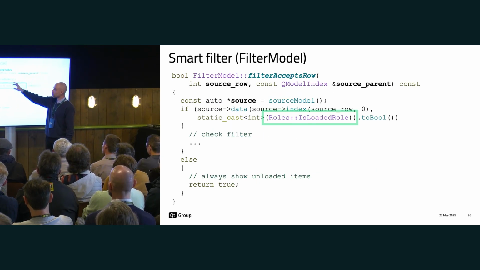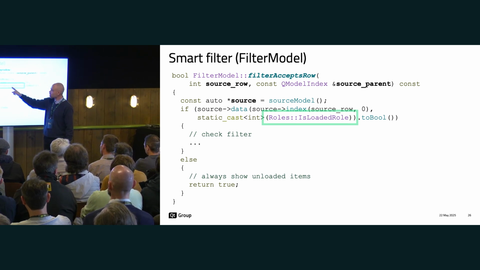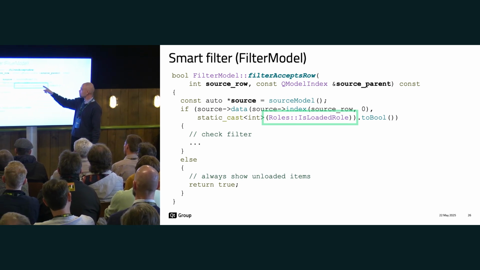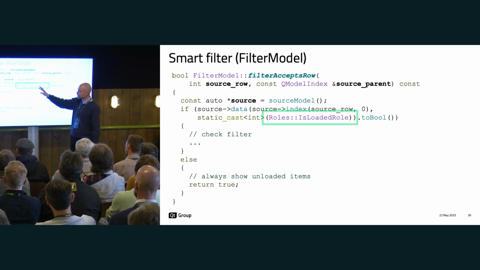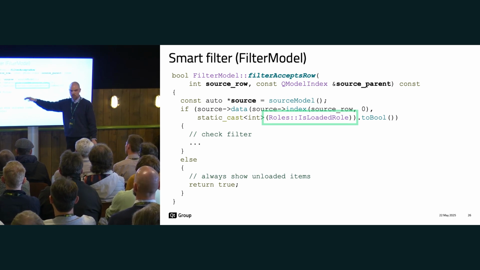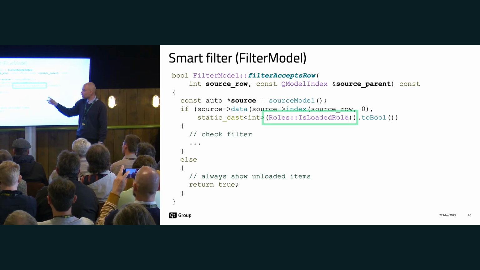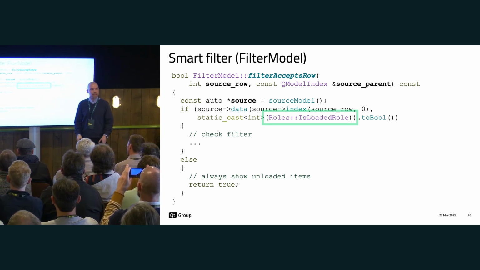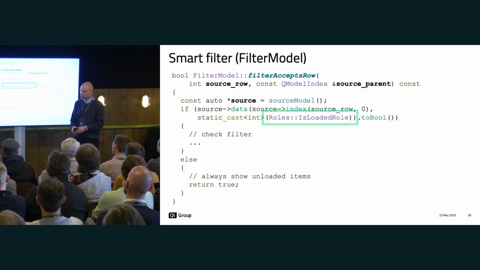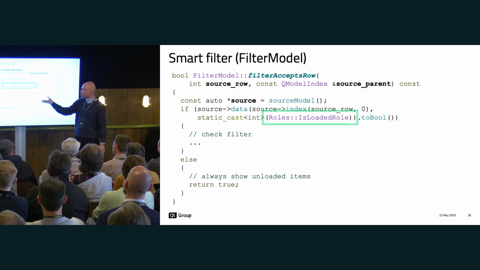Now the filtering model is asking, is this row shown? Does the filter accept the row? It checks first the is loaded role. If the answer is yes, it's loaded, then we check the filter. We have the data, we can check if this item should be shown or not. And otherwise we say, yes, it is shown. That's counterintuitive. We don't know anything about the item.